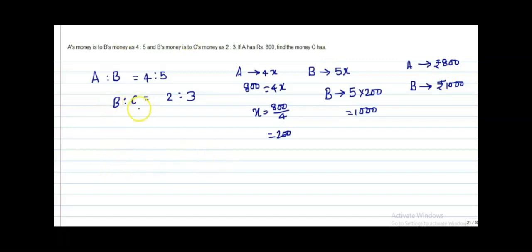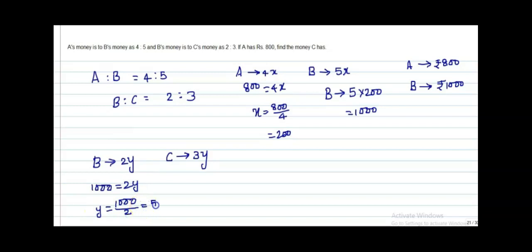It is given that B's money is to C's money as 2:3. Therefore, let us assume B has 2y and C has 3y. The proportionality constant cannot be the same in both the ratios. Therefore, 1000 is equal to 2y, or y is equal to 1000 by 2, which is 500.